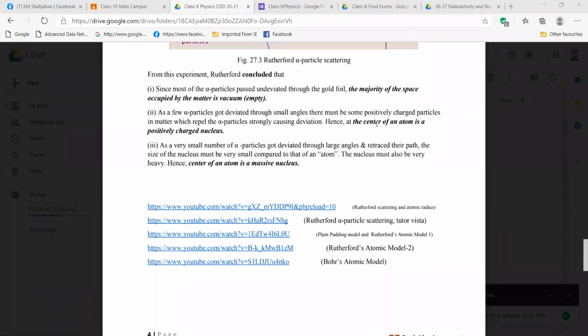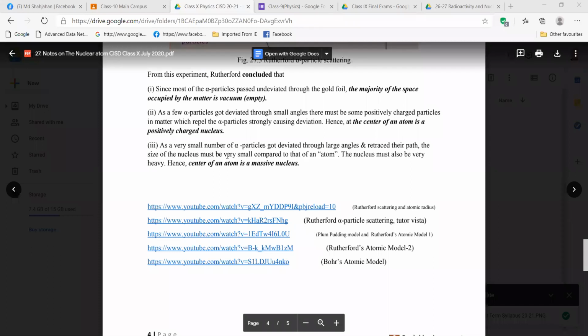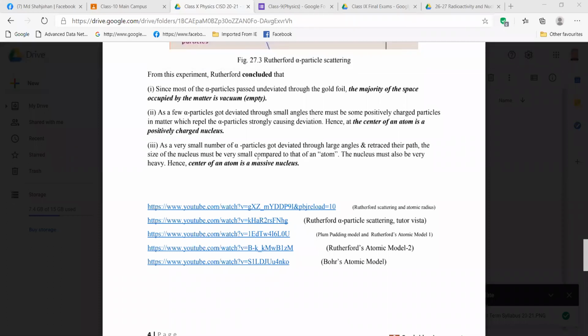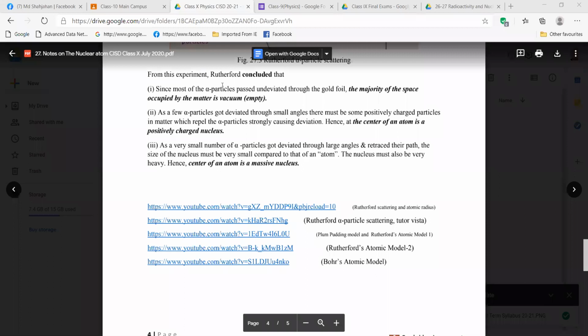Here we got a very small number of alpha particles deviated to large angles and retraced their path. The size of the nucleus must be very small. Already we got this idea that most of the space is empty.